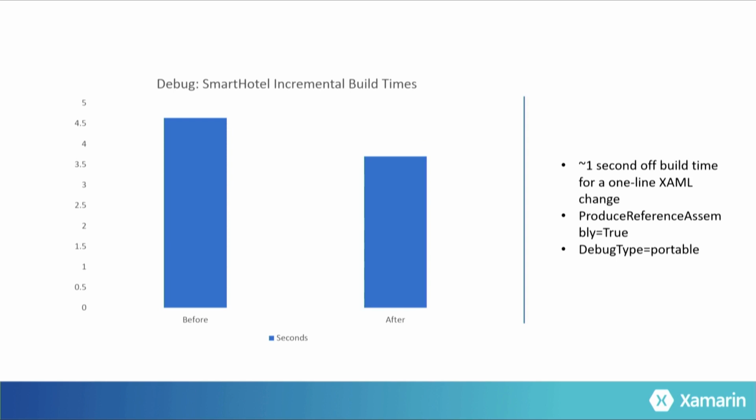And then an incremental build, different settings help this, obviously. But I enabled produce reference assembly that we talked about just now in the debug type portable. And it changed just a second off my development loop to actually build that. My machine, I was seeing about 5 seconds on this. This was just the build, not the deploy. But on a slower machine, I could see that taking like 10 seconds.